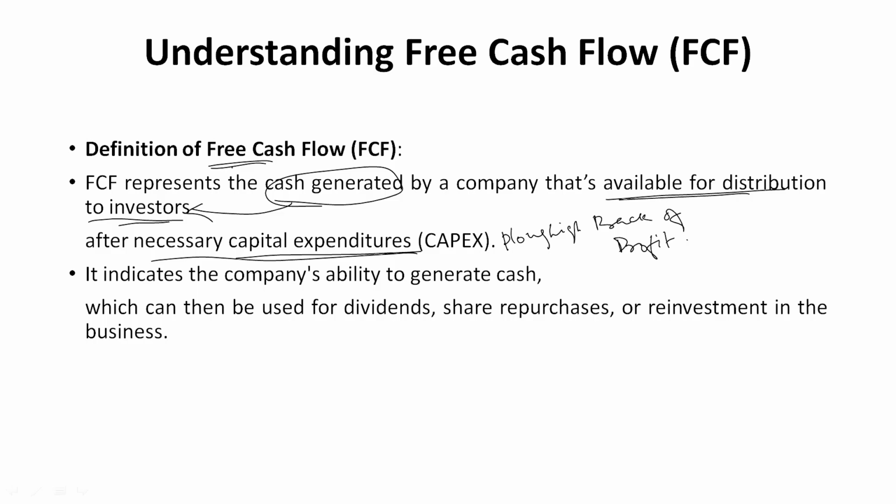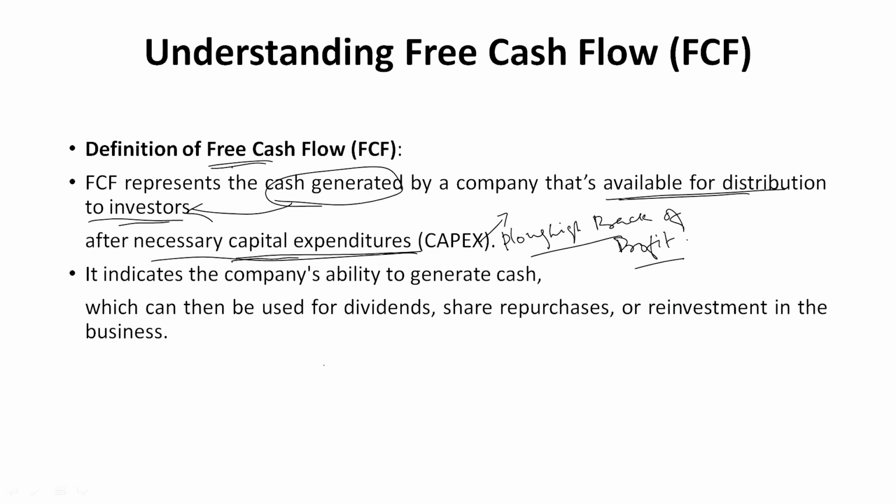So I'm not going to distribute it in the form of dividends or anything. I'm going to retain this amount in the company for further capital expenditures, and I'm going to grow this money back and give it to the investors in future. That is why it's called plowing back of profit.